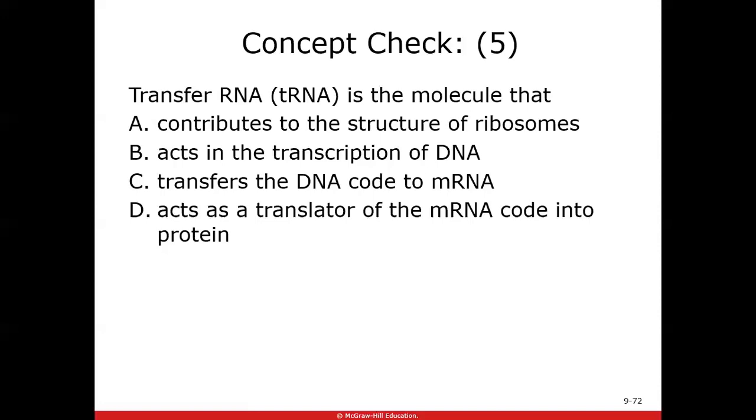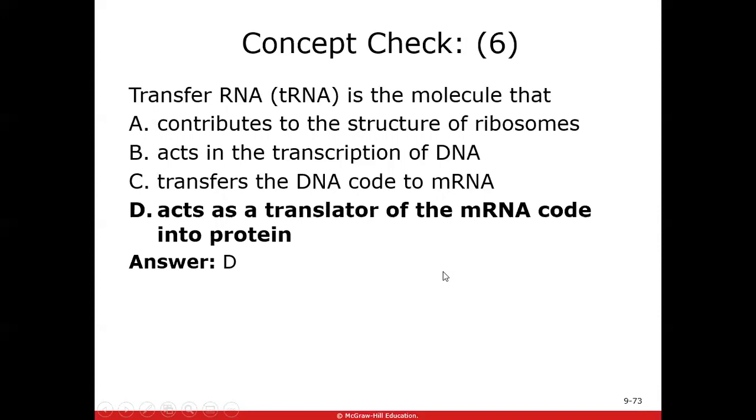No, that's false. Does it transfer the DNA code to the messenger RNA? No. Does it act as a translator of the messenger RNA code into a protein? Yes, because the transfer RNA has the anticodon and it has an amino acid. So D is correct.